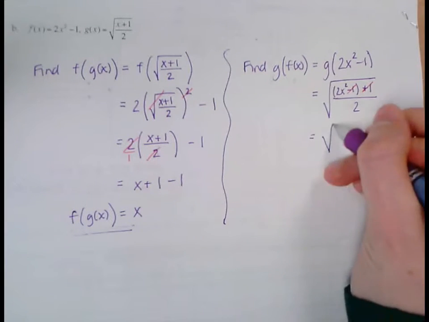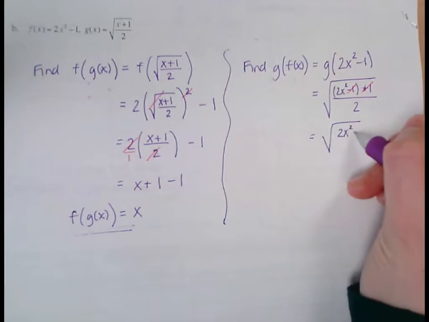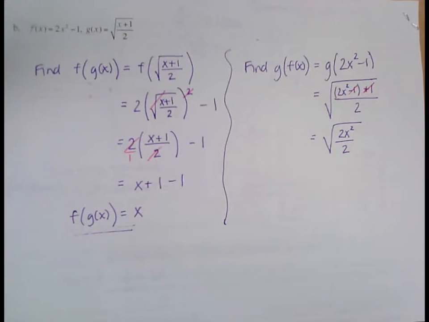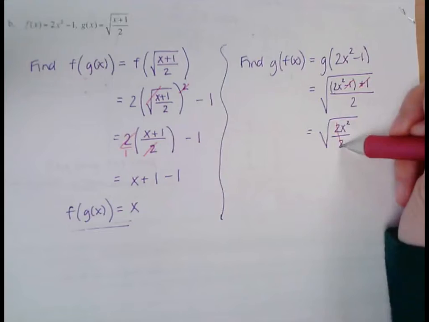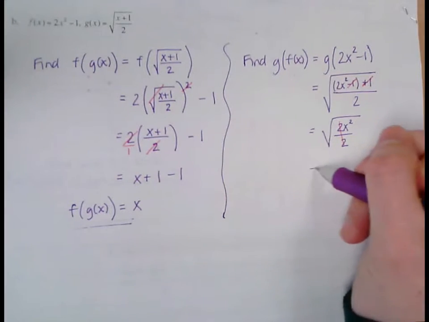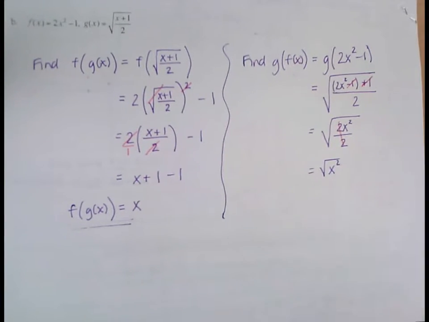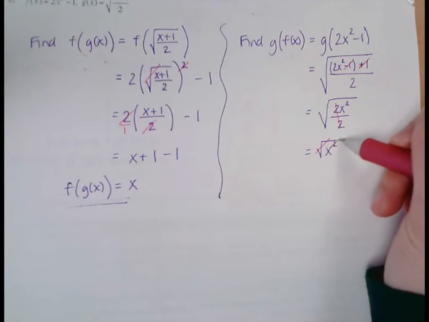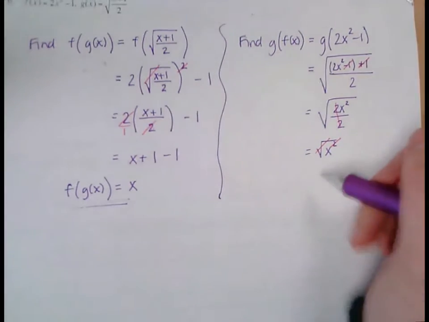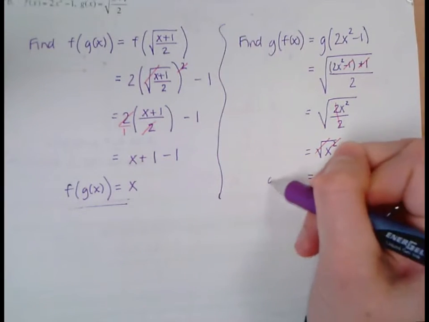So then I would have the square root of 2x squared over 2. And then 2 over 2 cancels out. So I have the square root of x squared. And we just said before, a square root and a power of 2 cancel out, and that's just x.